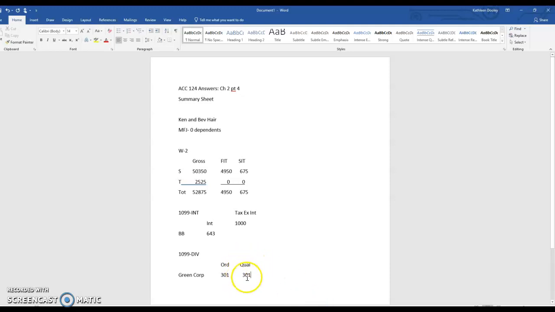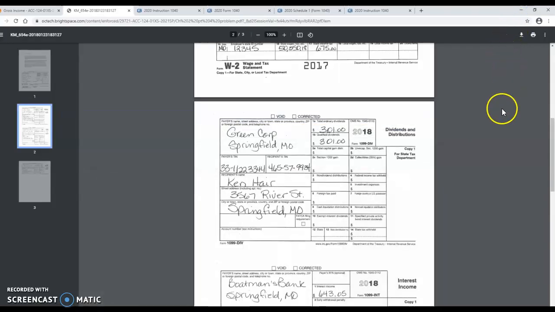The minute you have qualified dividends, you know that you're going to have to do the qualified dividends worksheet. If you want, put yourself some information about that, to remind yourself that you're going to have to do it.